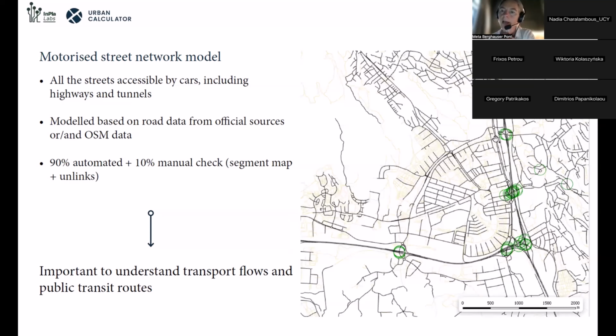Those are called unlinks, meaning if two streets cross, but you cannot go from one to the other because you have a bridge or a tunnel situation, then you have to add an unlink. Of course, those that exist are already embedded, but if you add streets, unlinks also have to be thought through. I will come back to this, but just be aware that these green circles are what they are.